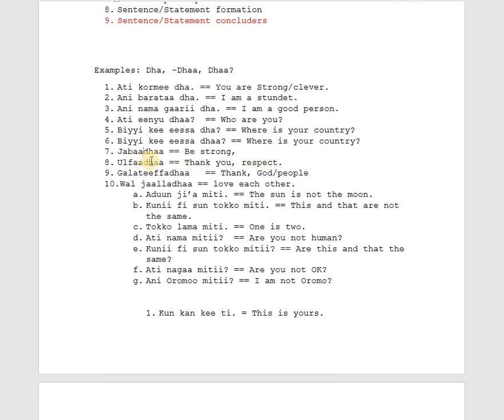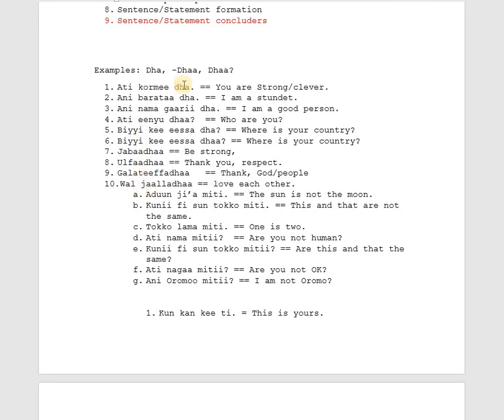Ulfada can be for many or can be for a honorable person. Galati fada, this is the same, can be for many or for an honorable person.